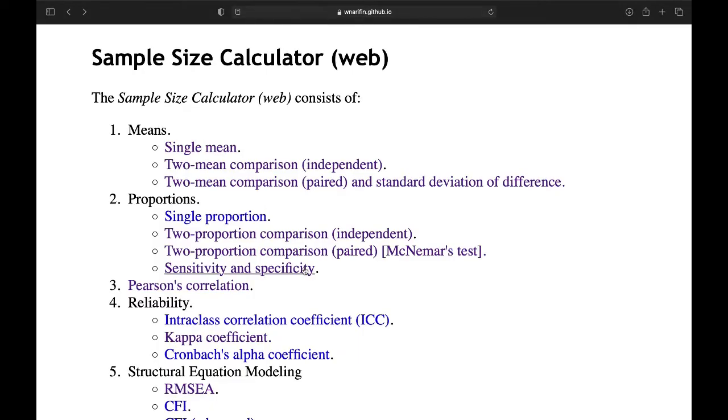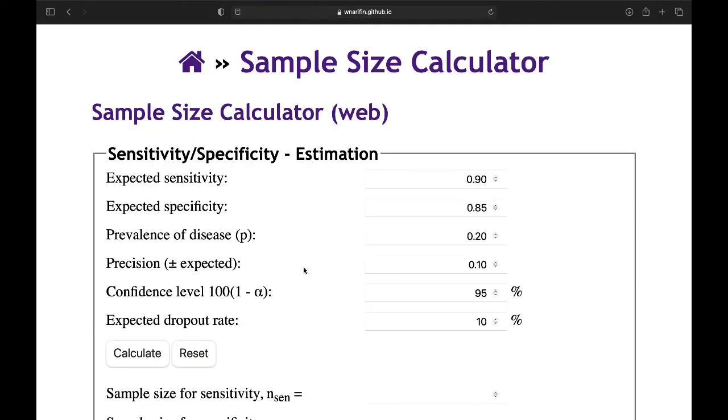With these assumptions, I will show you how to calculate. This calculation is for sensitivity and specificity. We need to input our assumptions. We have assumed 70% sensitivity, 70% specificity. We have assumed prevalence of 30% and our precision was 7%, which is expressed as 0.07. Our confidence level is 95% and expected non-response rate or dropout rate is 10%.